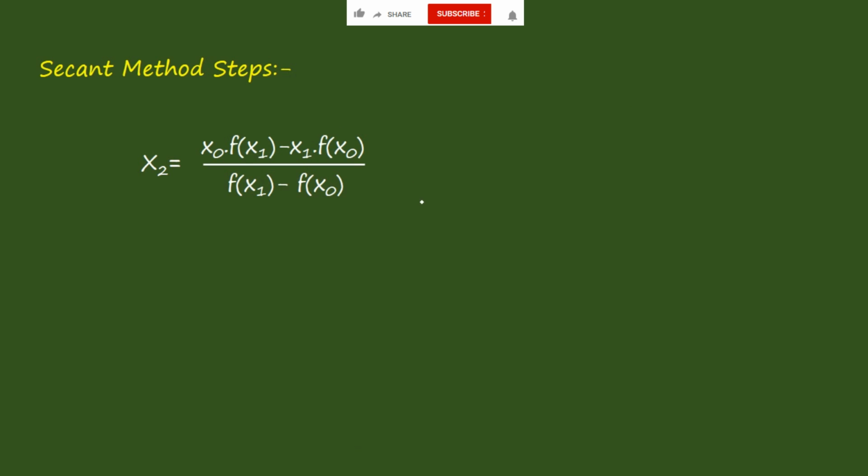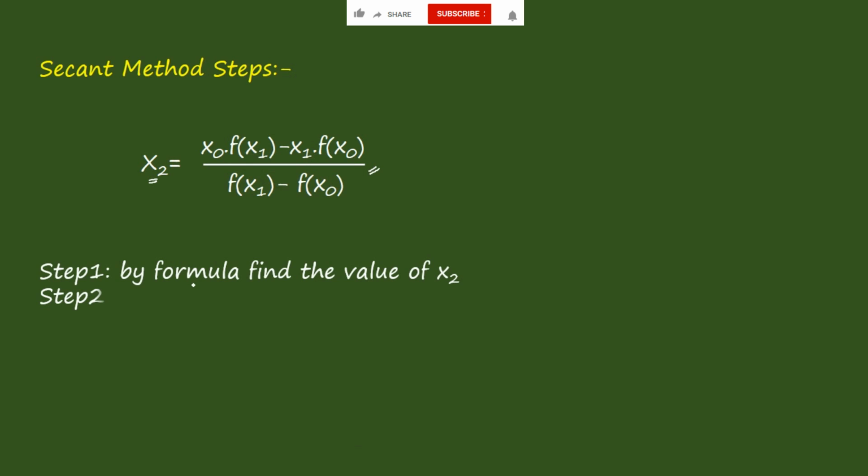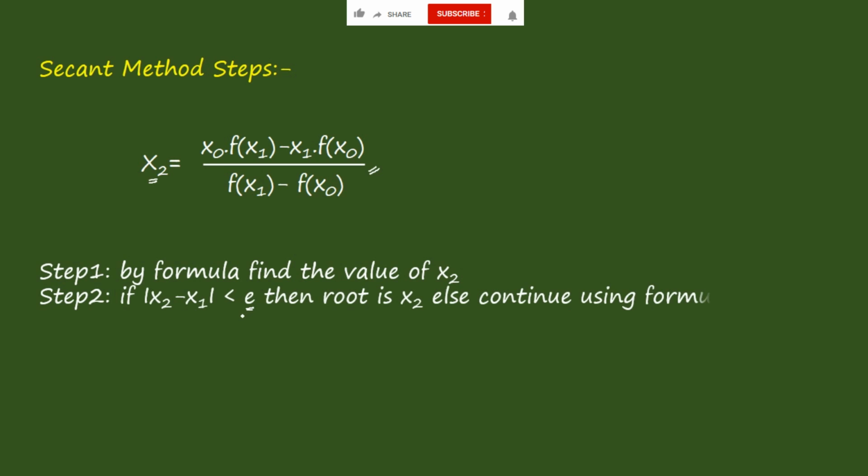The secant method has a basic formula, we know it, right? Now the steps we have to follow: first we find the x2 value using the formula. Second, if the modulus of x2 minus x1 is less than e, which is the error, then x2 would be the root.